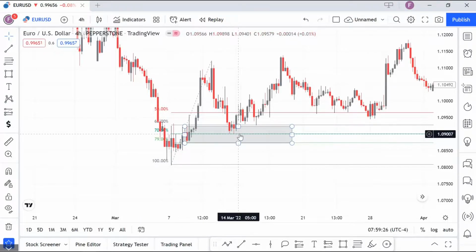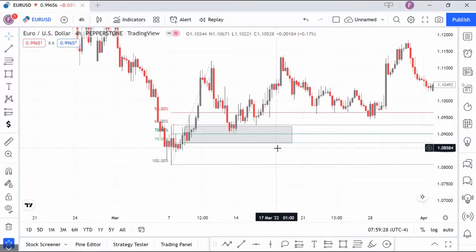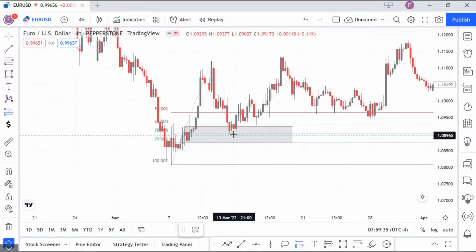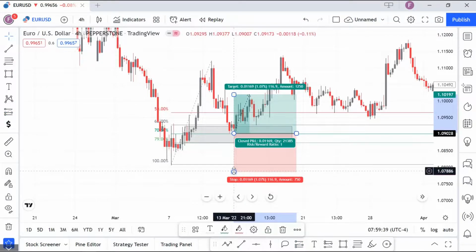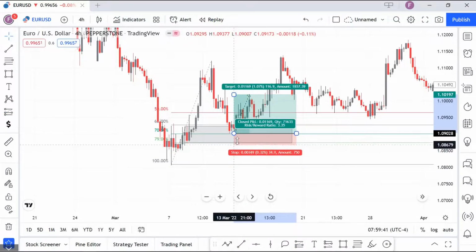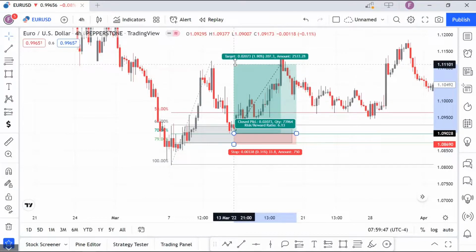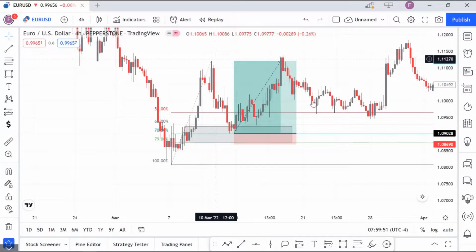So maybe probably you had already entered at this particular point. Let's say that we went long at this point, keeping our stop just below and our target within this area.